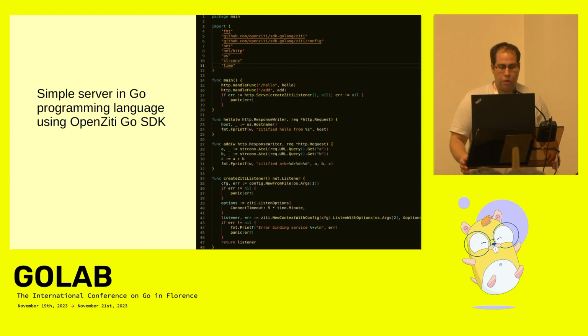You have it on line 34. CreateZitiListener basically implements a net Listener, makes a config file, there are some options, and returns a listener. Basically, we have an overlay network on top of our Go server. We make it completely dark to the open internet. We make it secured.